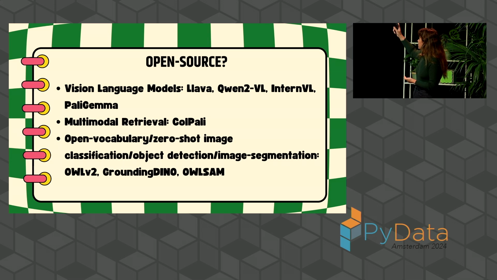And for open vocabulary object detection, the most popular models are two of them: OWL by Google Brain, and Grounding DINO by Alibaba. Then I have combined OWL and Segment Anything, which I will come to later, to get OWL-SAM, an open vocabulary image segmentation model. Also, PaliGemma was released by Google, and Qwen is from a team at Alibaba.